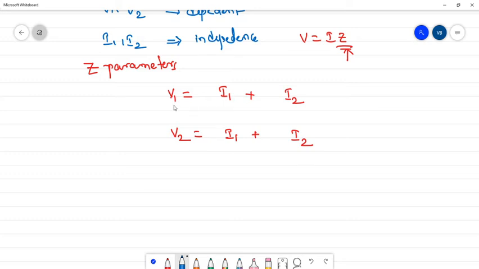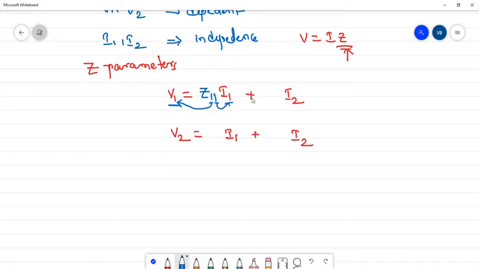We are writing for V1 here. V1 is nothing but the first parameter. We are taking current also at first port, and voltage also at first port in the first, so that can be defined as Z11. Here 1 indicates this one, and here this one indicates this one.